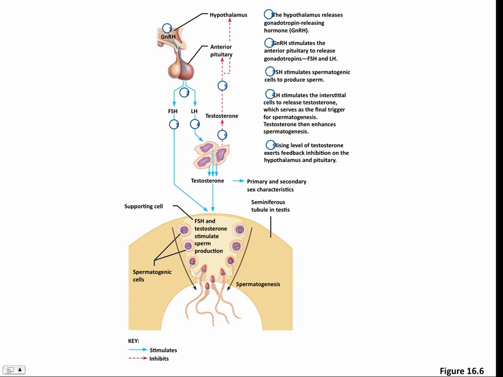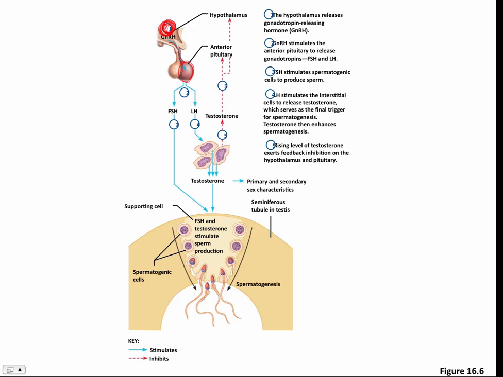Let's take a look at these different hormones that initiate the production of sperm. Initially we have gonadotropin-releasing hormone. This is produced by the hypothalamus. And remember from chapter 9, the hypothalamus can regulate the actions of the anterior and posterior pituitary gland. So GnRH is going to stimulate the anterior pituitary gland to release follicle-stimulating hormone and luteinizing hormone.